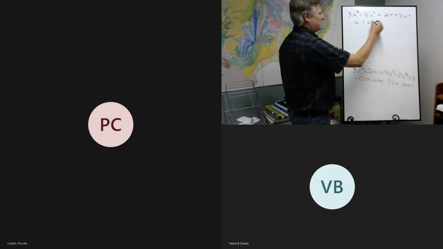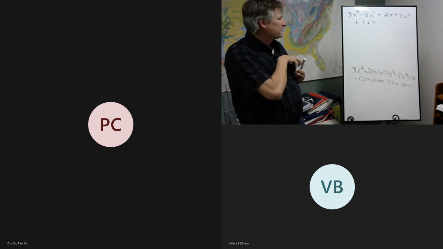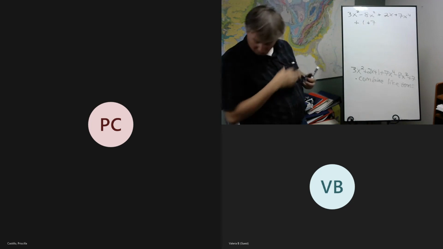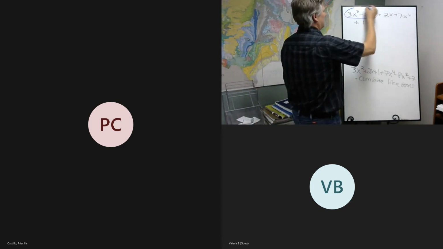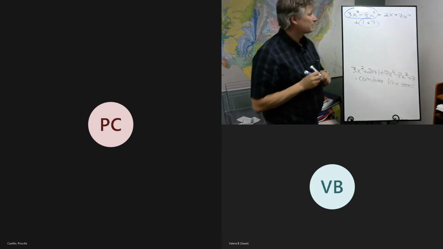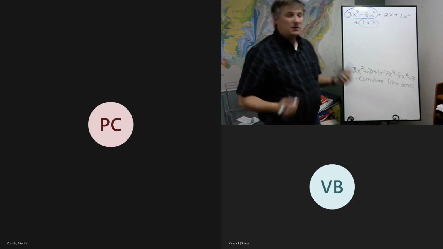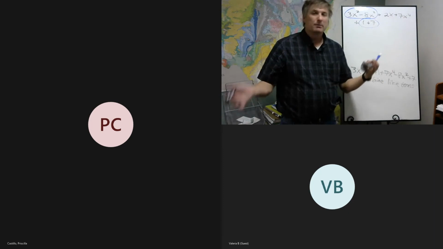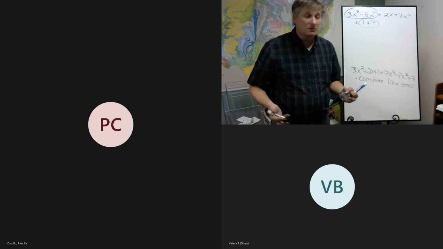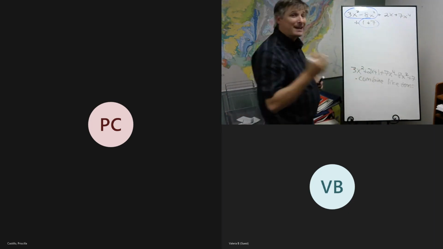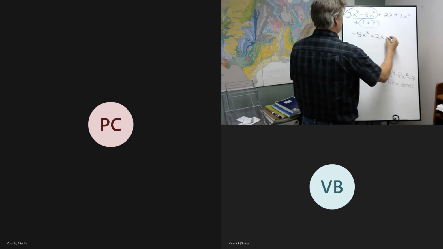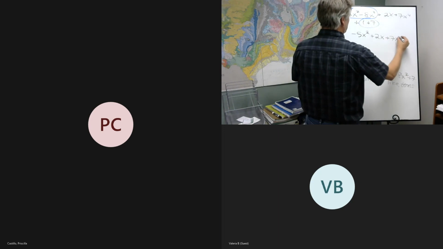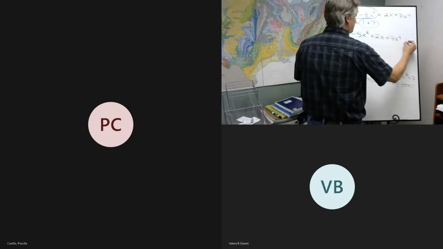So really the only terms to combine here are the x squared terms and then the constant terms. So 3 subtract 8. Subtracting a bigger number from a smaller number, that's always going to be negative. So 3 minus 8 would be negative 5. Then 1 plus 7 is 8.